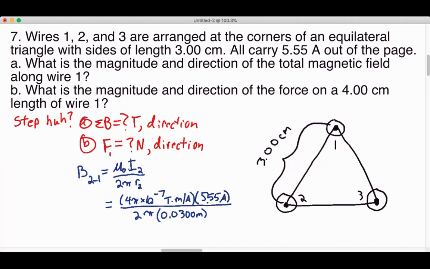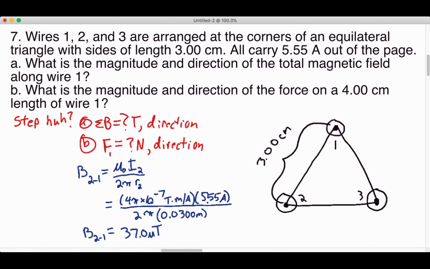So plug all that into the calculator, and you're going to get B caused by wire 2 on wire 1 is equal to 37.0 times 10 to the minus 6, so microteslas, a really, really tiny magnetic field.